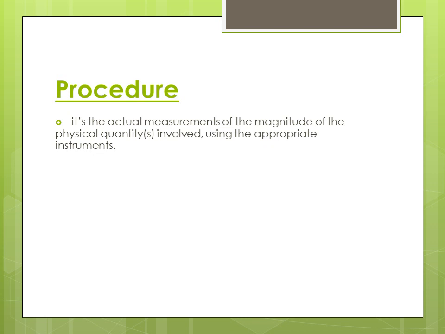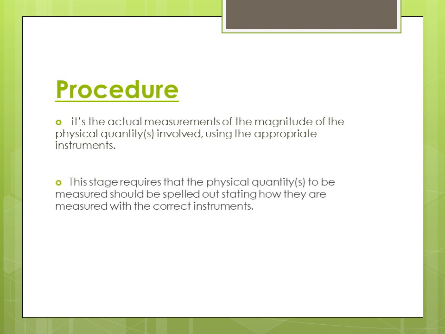It is under procedure that you tell how distance is measured and how time is also measured. This stage requires that the physical quantities to be measured should be spelled out, stating how they are measured with the correct instrument.